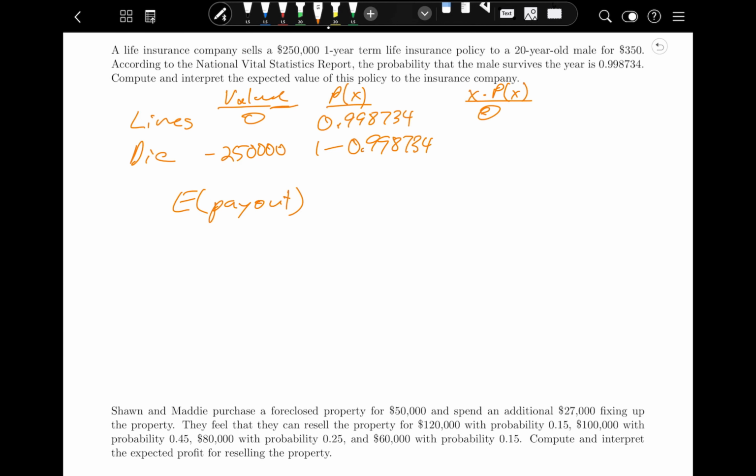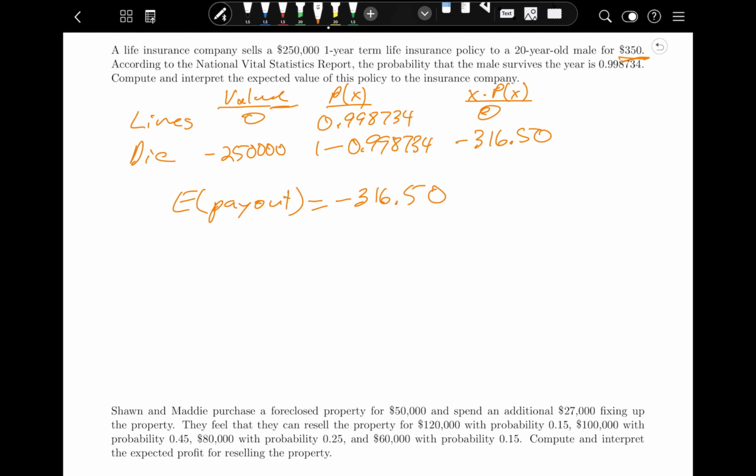And then if I multiply the other one, negative 250,000 times 1 minus 0.998734 is negative $316.50. So on average, they're paying out $316.50. However, that's where this part comes in.